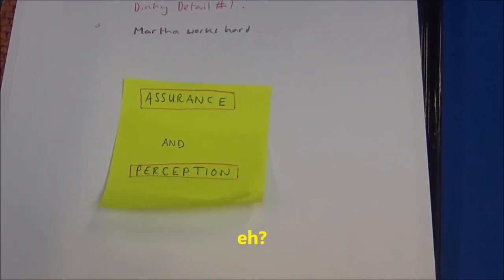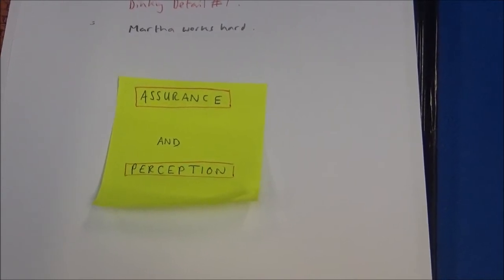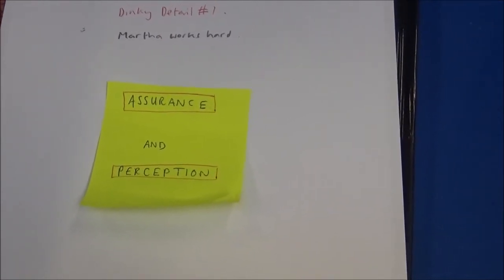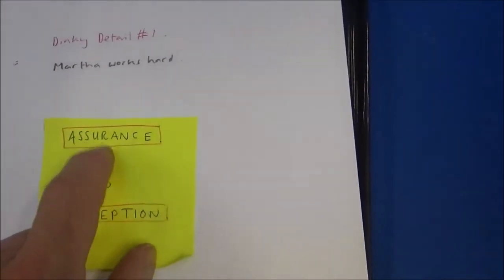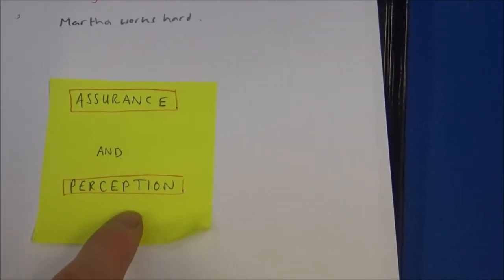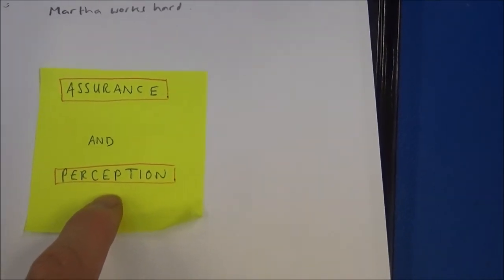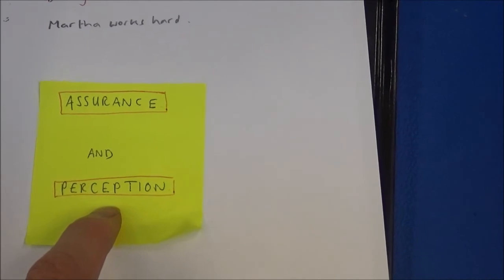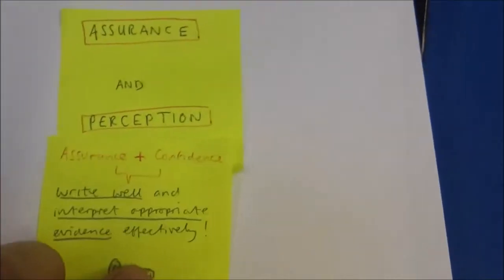And by this I mean, because I appreciate that needs clarified in plain English, it basically means write well and interpret appropriate evidence effectively. Assurance, write with assurance or confidence or competence. And perception, make sure you make some sort of intelligent interpretation on the back end of the evidence that you show. There we are in plain English then.